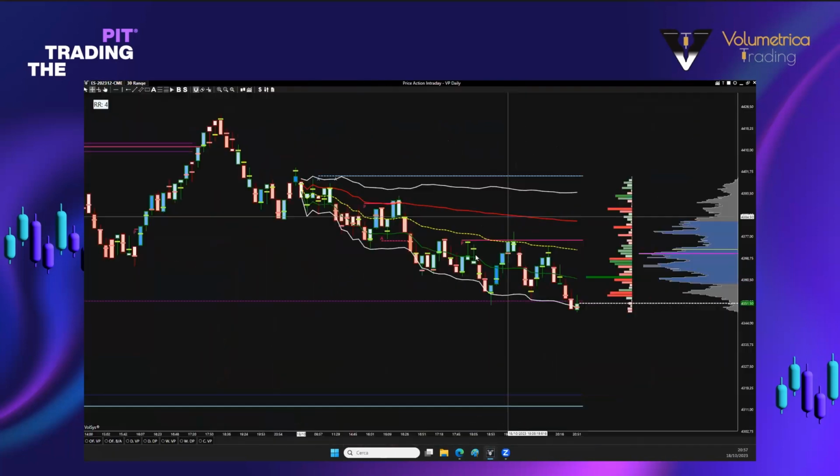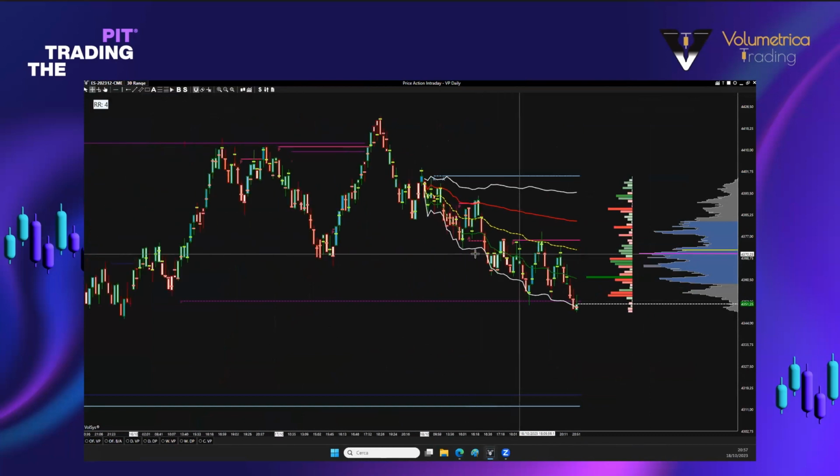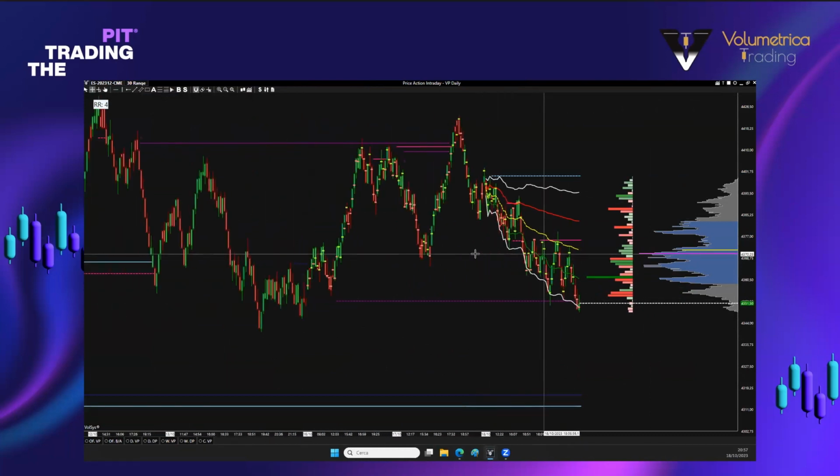Let's make this chart bigger. As you can see, there are several pink and purple or blue lines with different color shading.